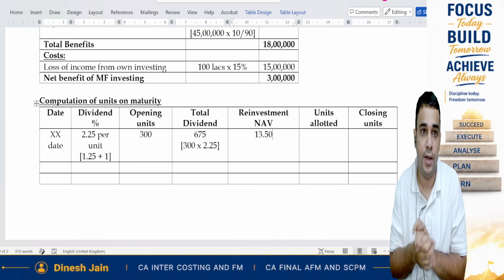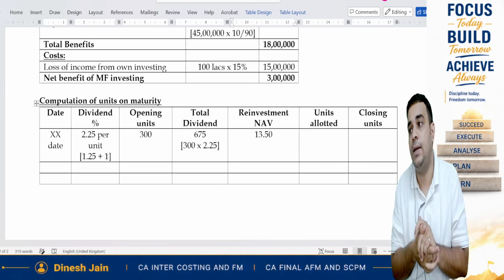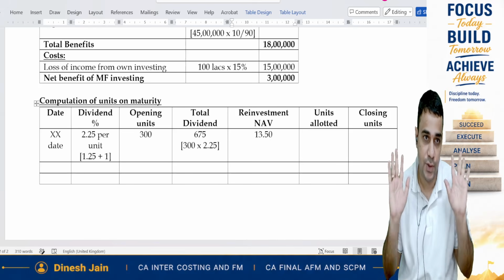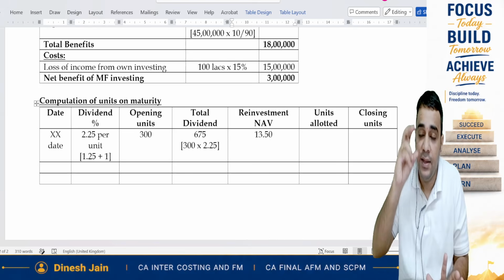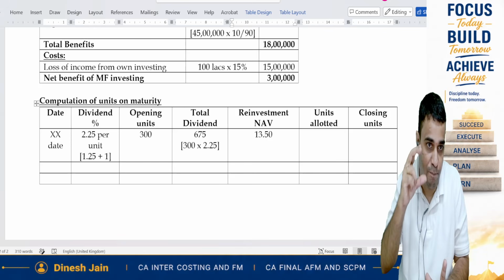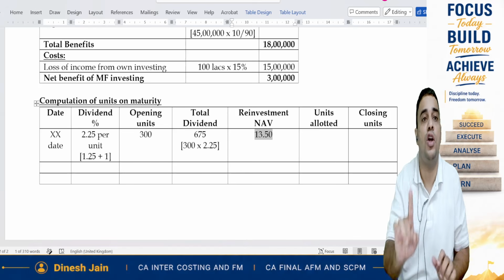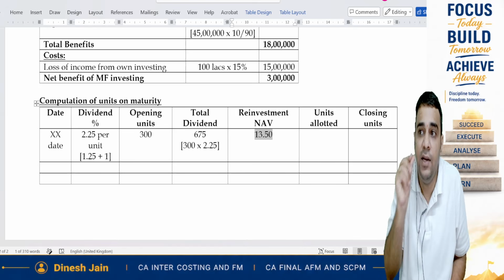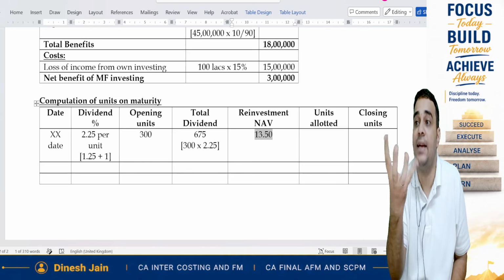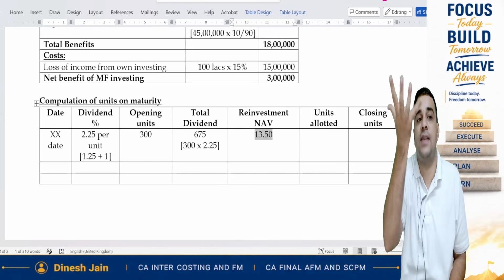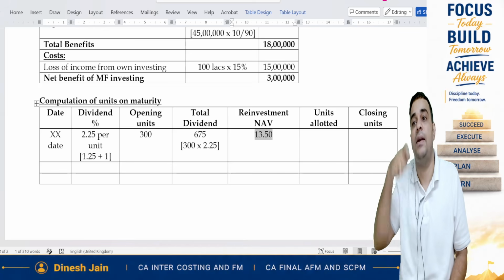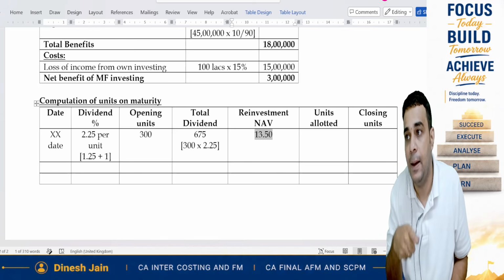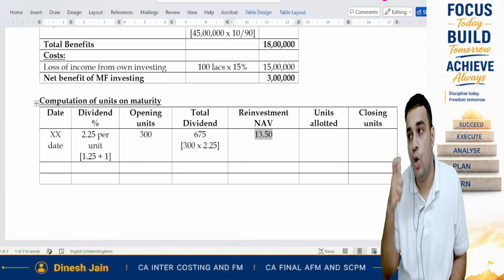Reinvestment NAV 13.5. Understood till this? This will give me extra units now. Listen, the return for a reinvestment plan depends a lot on this. If the reinvestment NAV is less, I get a lot of units and my returns can go up. If the reinvestment NAV is very high, I will get fewer units and ultimately my returns may go down.